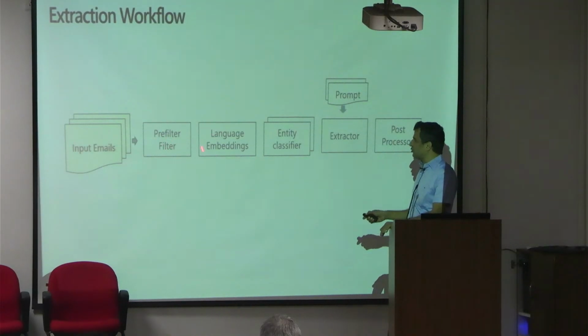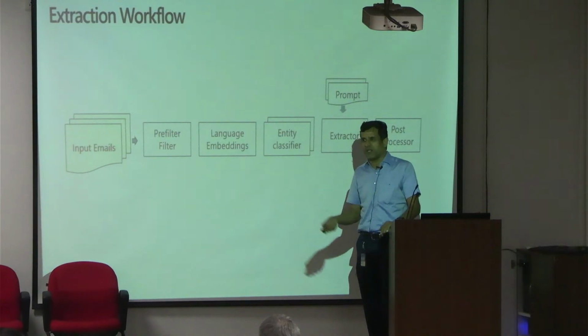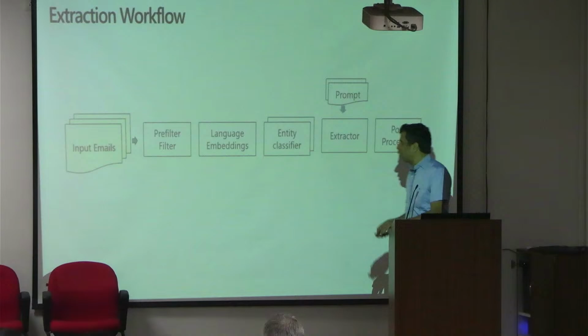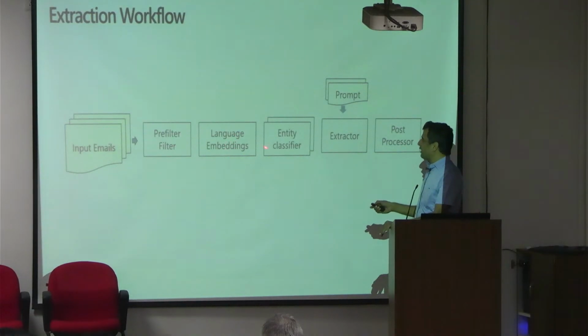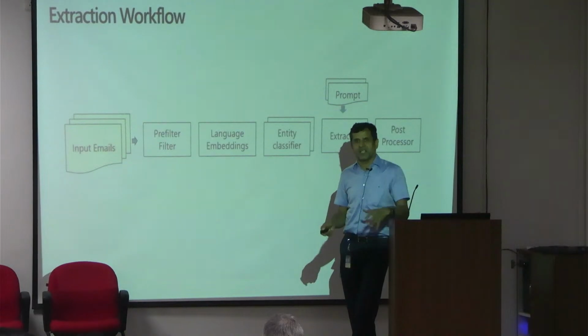Then we use the language embedding. Language embedding can be like spaCy embedding or Turing embedding, and those are used to identify whether that particular email contains that entity or not.